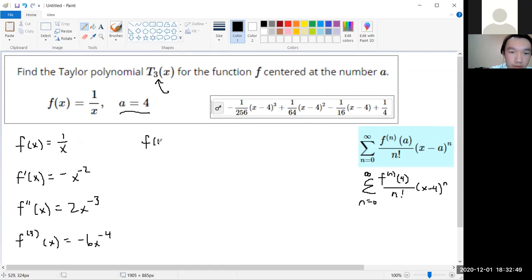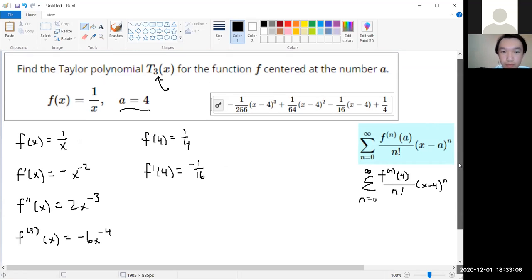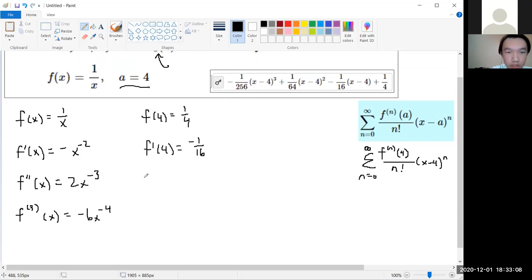So f of 4 is 1/4. And then f prime of 4 is -1/16? That's right. Let me know if I make a mistake because I'm probably going to make a mistake soon. F double prime of 4 is 2 over x to the third. 4 times 4 is 16, times 4 is 64.